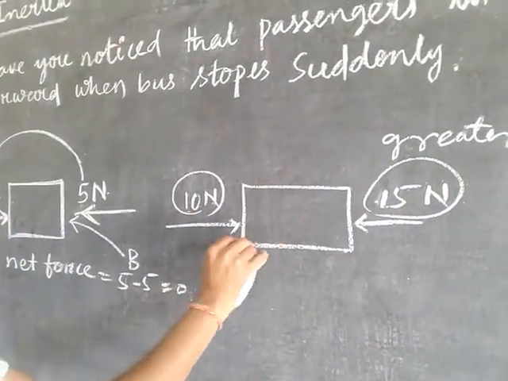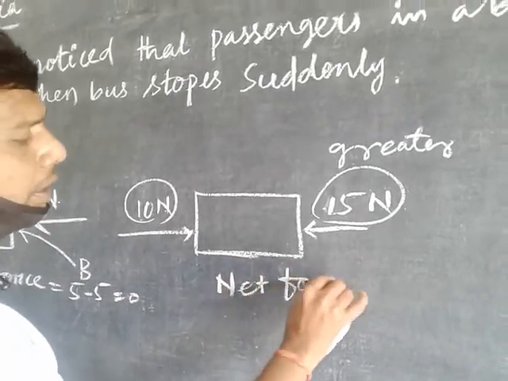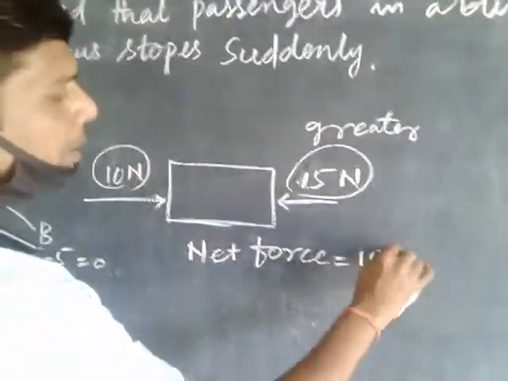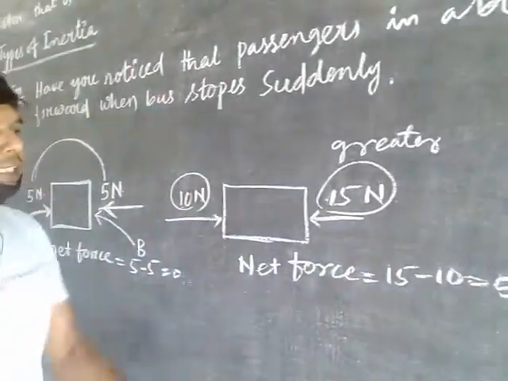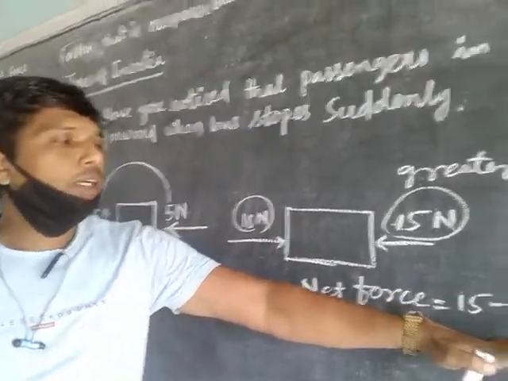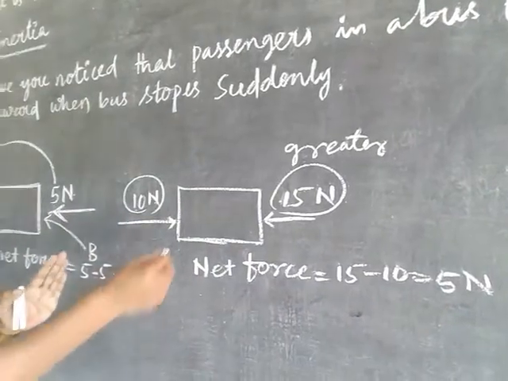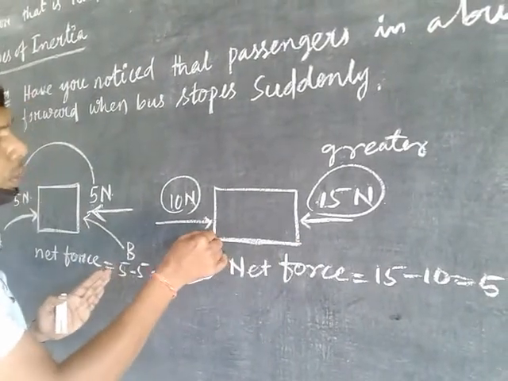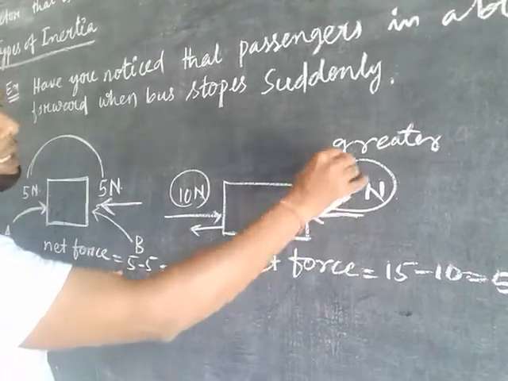So in this case, what is the net force? Net force is 15 minus 10, that is 5 Newton. So in this case, the net force does not become 0. That means the net force becomes 5 Newton. So in this case, this body will move in the direction of the greater force.